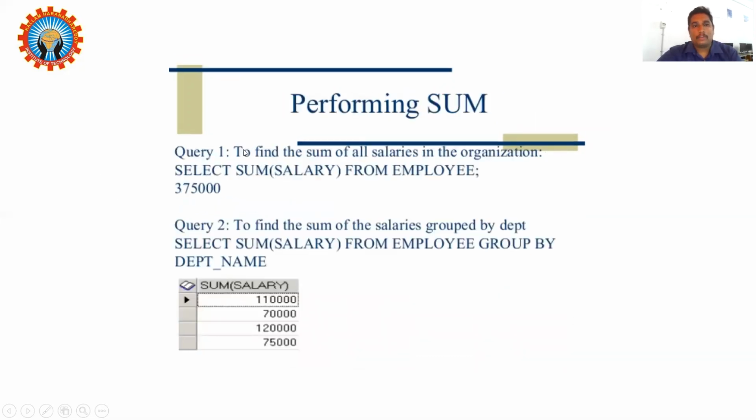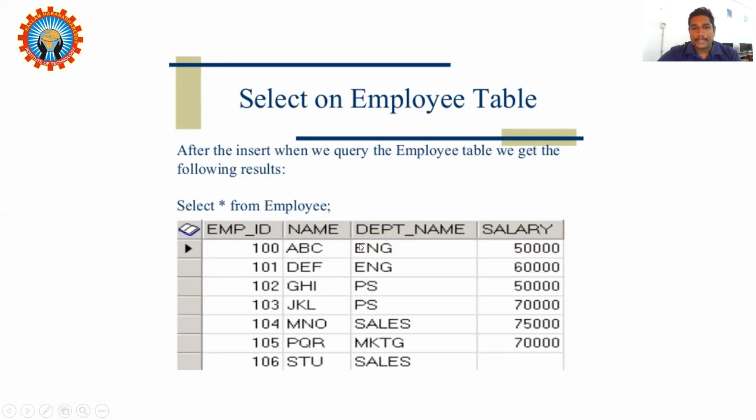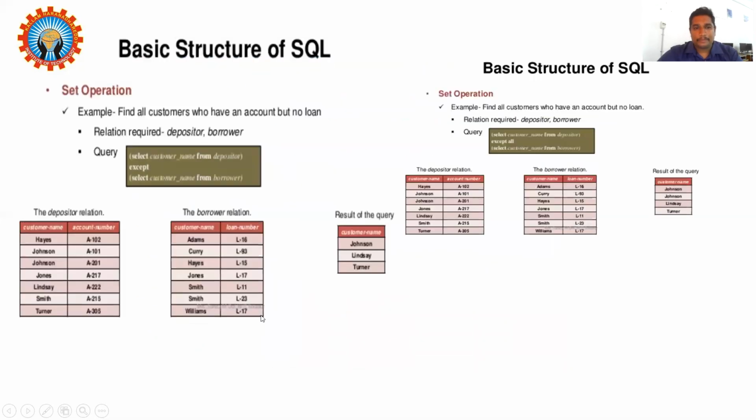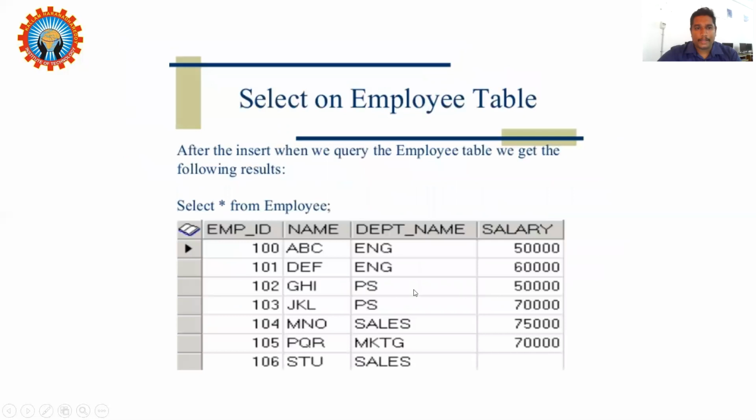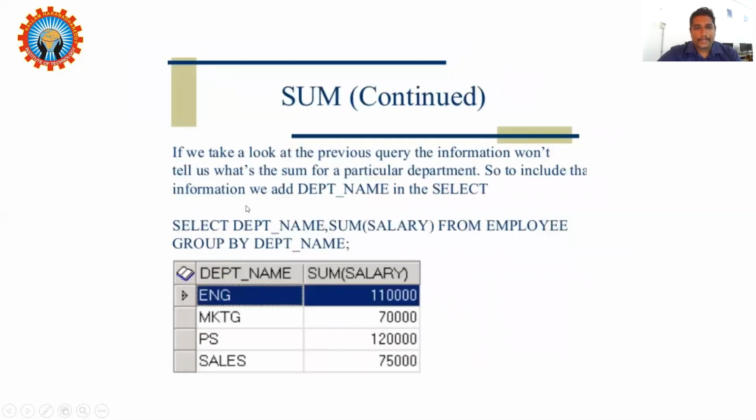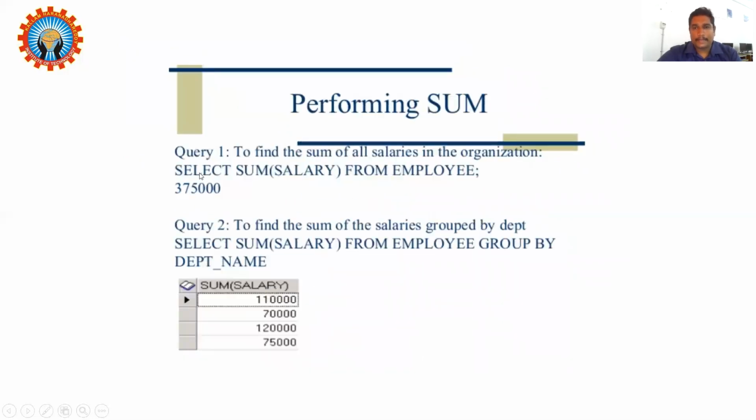To find the sum of all salaries in the organization, we can use a query called select. This is the aggregate function; you already studied the syntax: aggregate function, DISTINCT or ALL. We can use it like this: select the aggregate function sum, with DISTINCT or ALL.